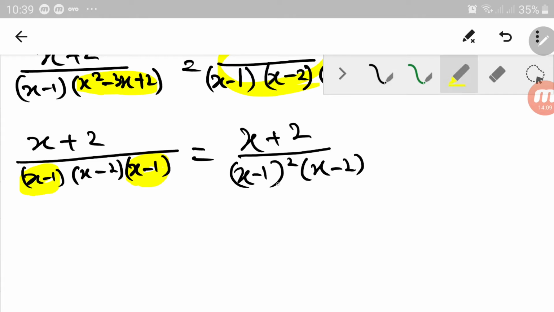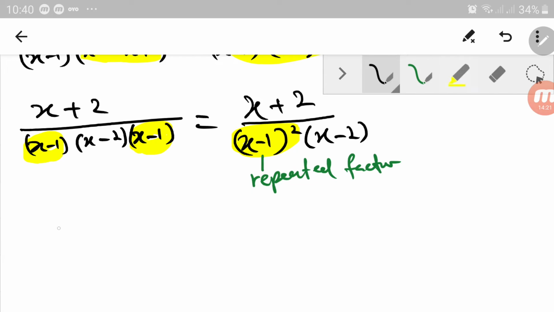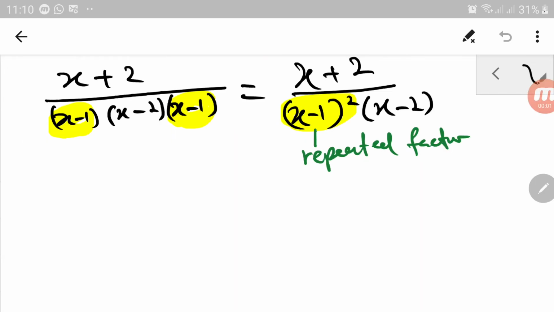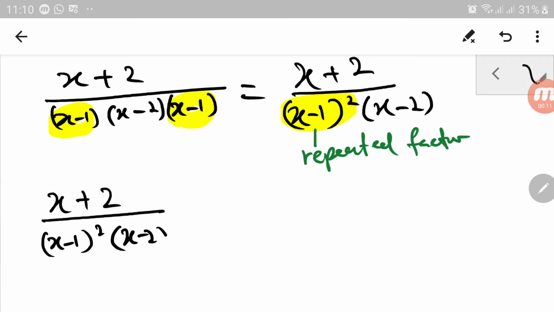Yes. Now, when you see something like this, what do we call this? This is what we call a repeated factor. When we get a repeated factor, what we have to do is write everything over here, x minus 2.